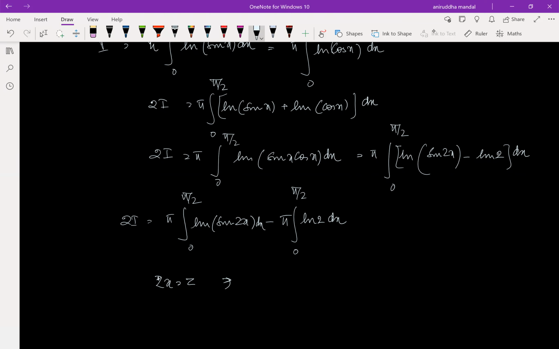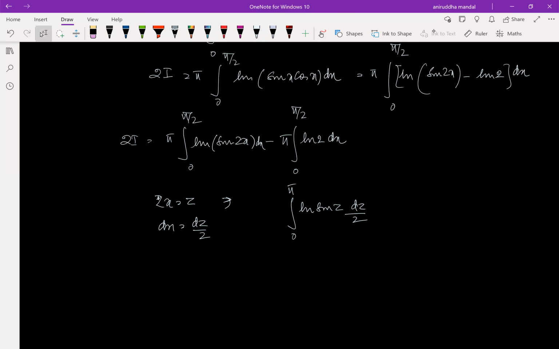So if we substitute 2x as z, this integral will become, the lower limit is 0, and if we put the upper limit pi by 2, this is pi, and ln sine z, and dx equals dz by 2. So this will become half of 0 to pi ln of sine z dz, which is the same as I.